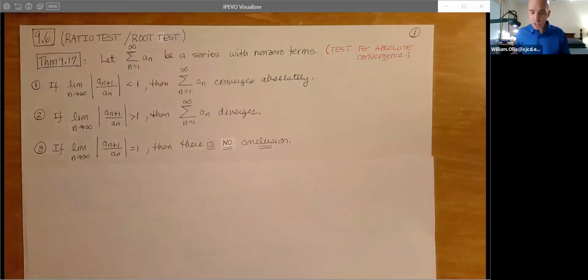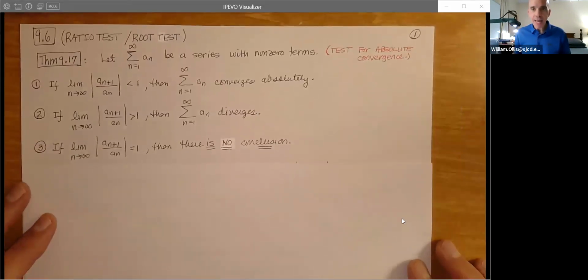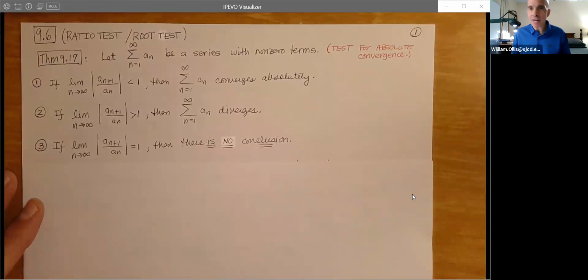The nice thing about the ratio test is that it's a test for absolute convergence. And most students really enjoy this test. So first, I want to share the statement of the theorem, then do an example, and then talk about why it actually works.